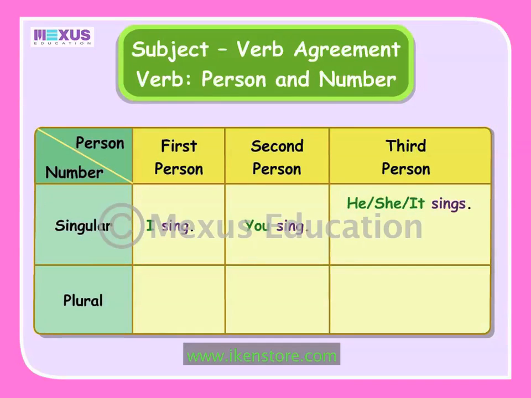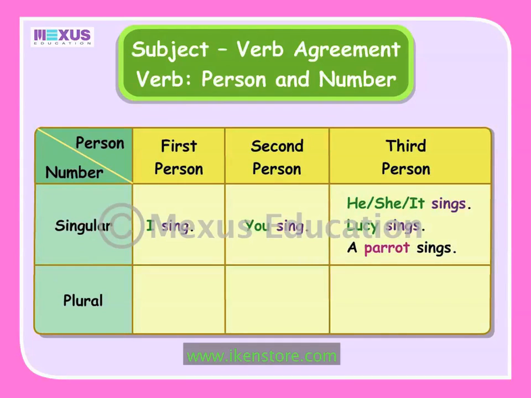The verb here is sings, which is also third person singular. The subject, Lucy, is a proper noun and is considered as a third person singular pronoun. Hence, the verb sings is third person singular.